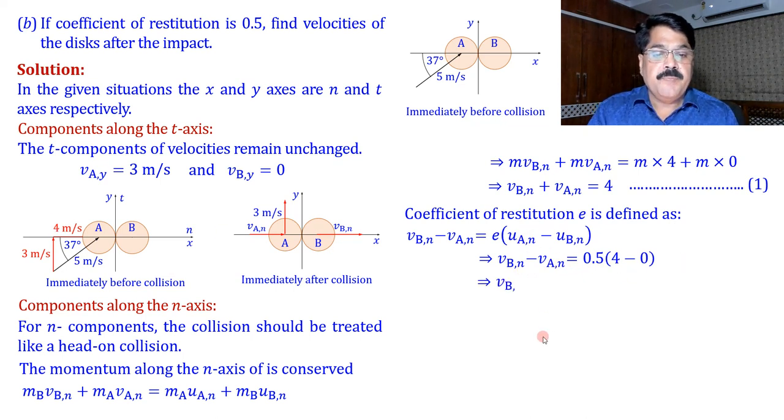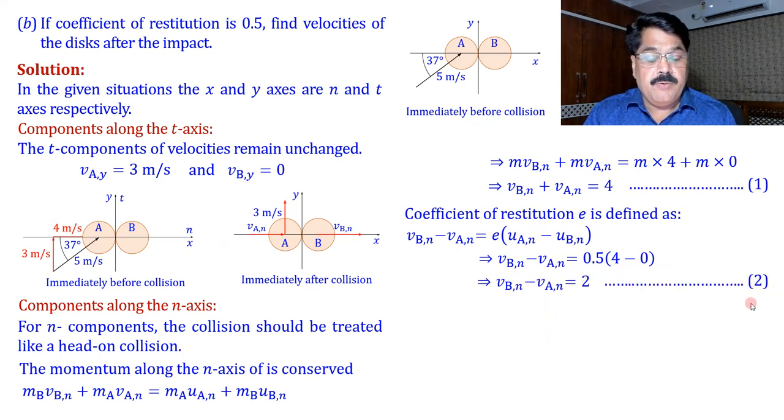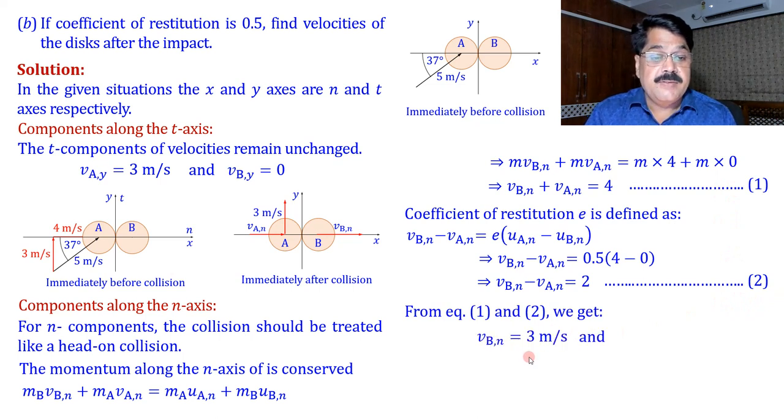So the equation is Vbn minus Van is equal to 2. We call it equation number 2. Now by solving equation number 1 and number 2, we can find Vbn and Van. From equations 1 and 2, we get Vbn is equal to 3 meter per second and Van is equal to 1 meter per second. Now we can show their values here.